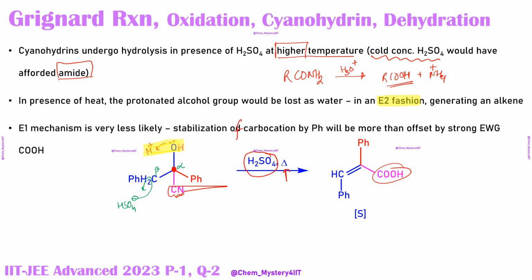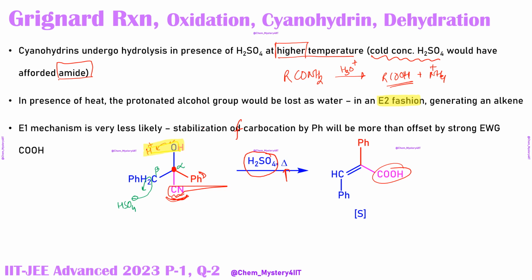Stabilization would have been possible if this phenyl group were stabilizing the carbocation, but the cyanide in the beginning has a way stronger minus M effect. This will be destabilizing it to a much greater extent. Even if this is converted into a carboxylic acid group, that also has quite an electron withdrawing effect that may not help the carbocation get stabilized.